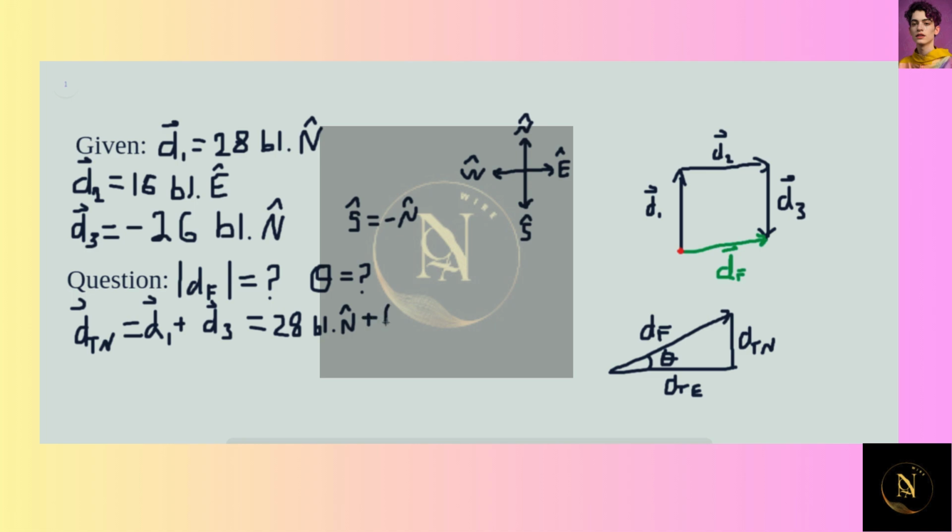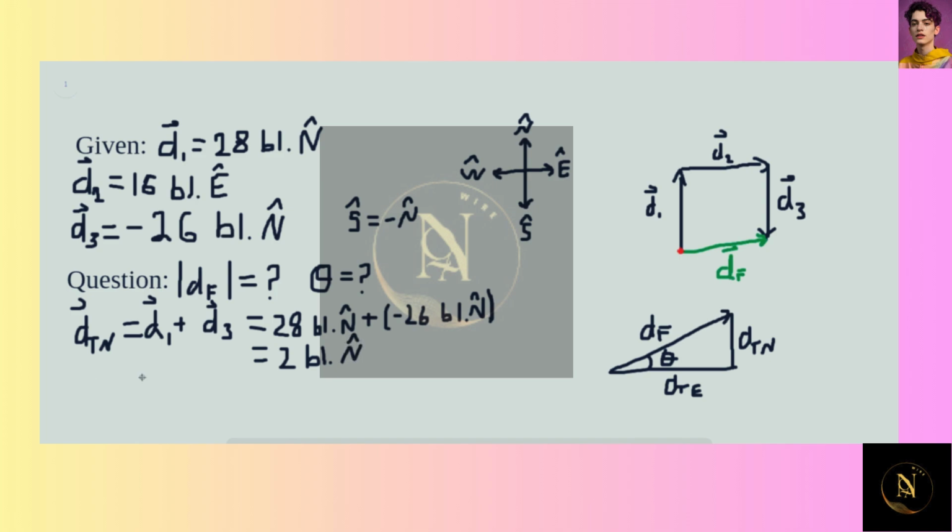Plus minus 26 blocks north. Okay. And this comes out to equal 2 blocks north, because 28 plus minus 26 is the same as 28 minus 26. So this is 2 blocks, and the direction is north.